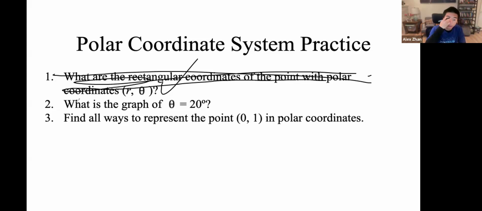What is the graph of theta equals 20 degrees? Just describe its shape. Is it a circle, line, curve, parabola, whatever.